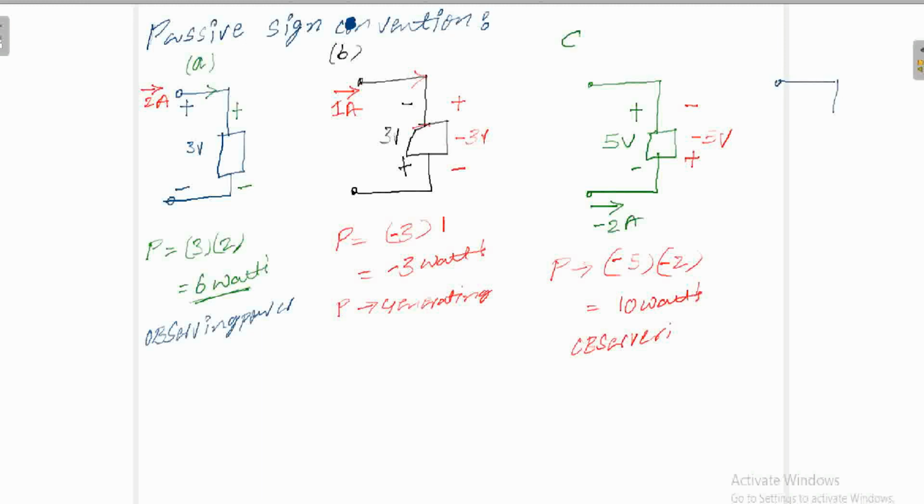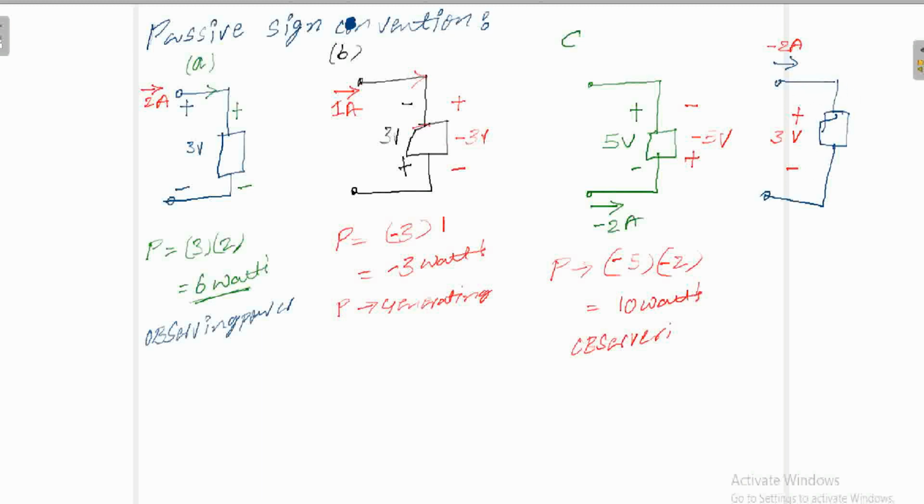So this is an element. Here the current is minus 2 amps, and the polarity is plus minus 3 volts.